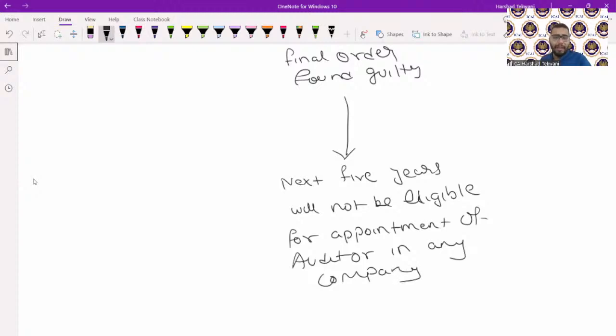Clear? So for 5 years he will be barred from being appointed as an auditor.